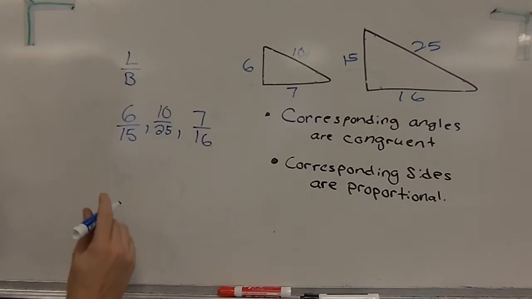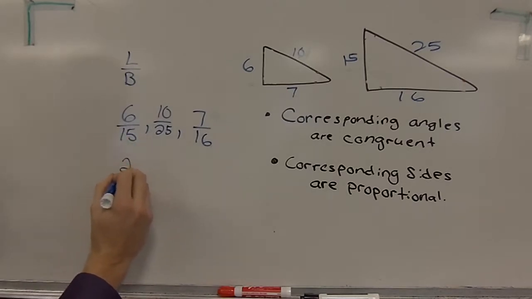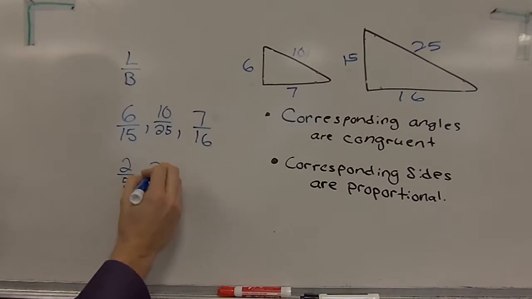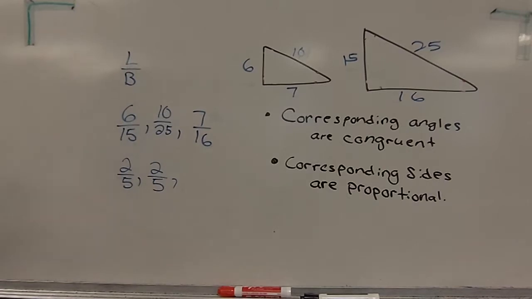But we're going to reduce 6/15 first. 3 goes into both of these, so I'm going to reduce this to a 2/5 ratio. 5 goes into both of these, so this will also reduce to a 2/5 ratio. However, 7/16 actually is already simplified, so I do not have similar figures.